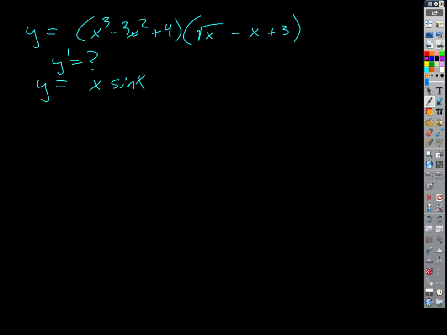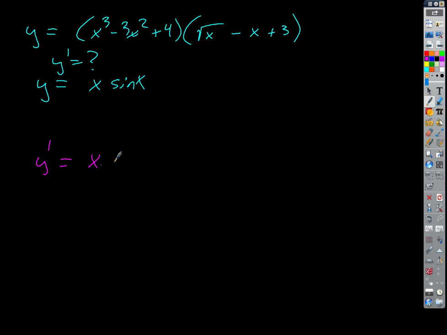So let's deal with our problem here. Oh, that's all we need. So if we want to calculate y prime here for this problem that we couldn't previously do, we got it. One function is x and one function is sine x, right? So what are we going to get?